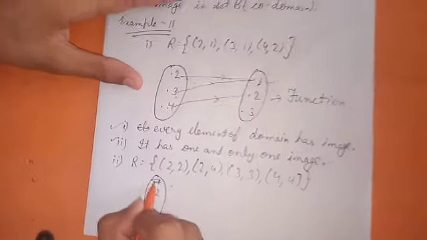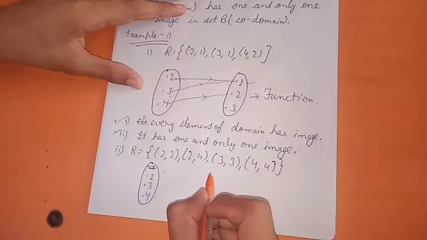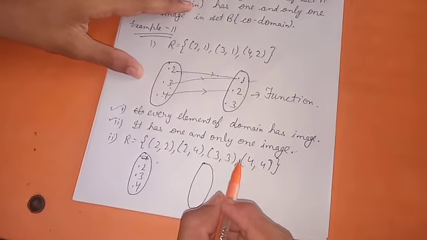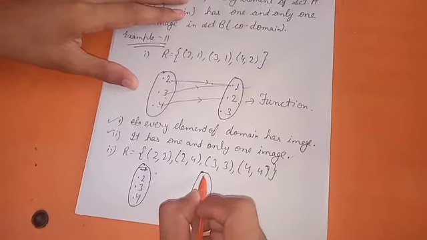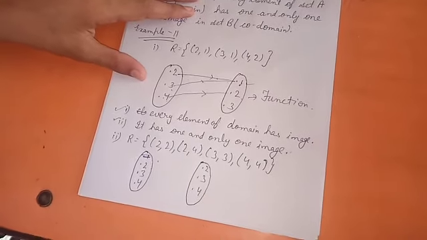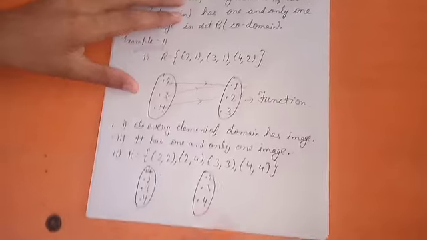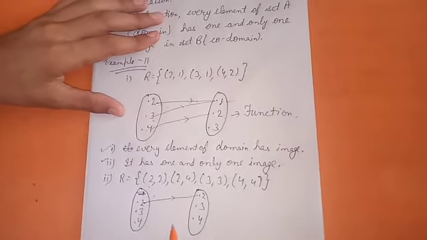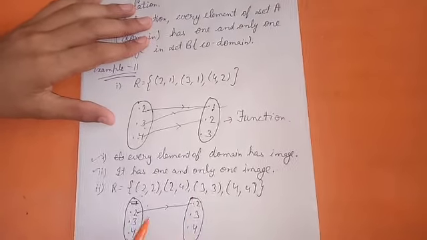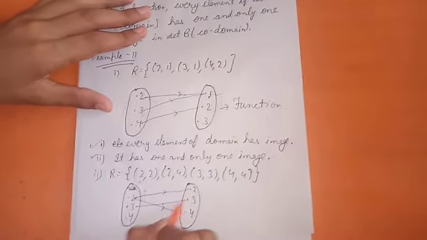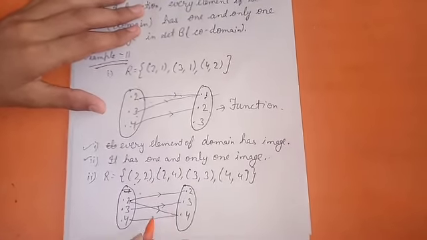So we can say 2, 3, 4 and this will be 2, 3, 4. Okay. So we'll check 2 with 2, 2 with 4, 3 with 3, and 4 with 4.